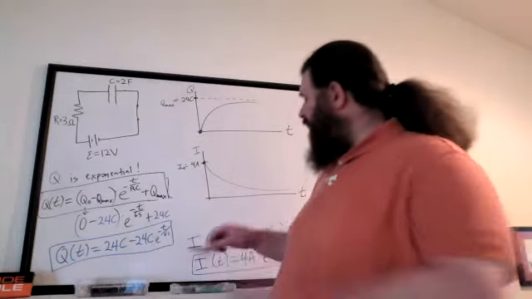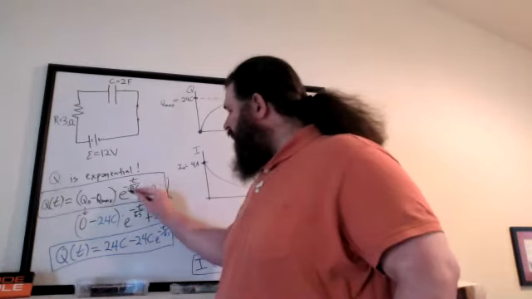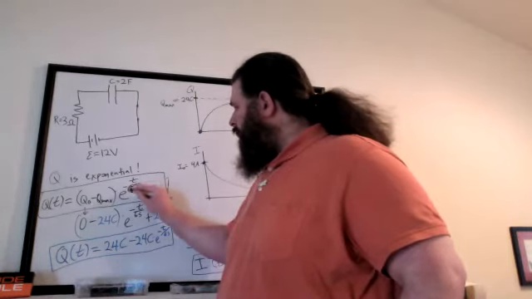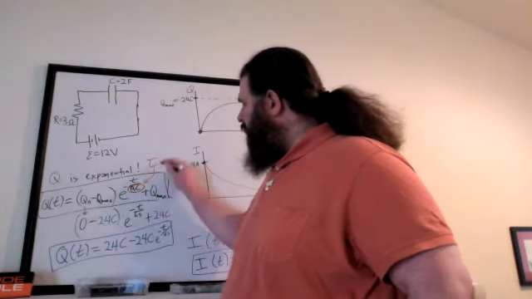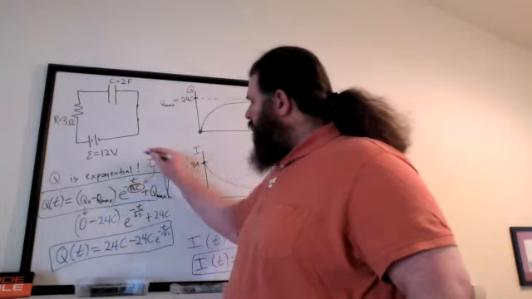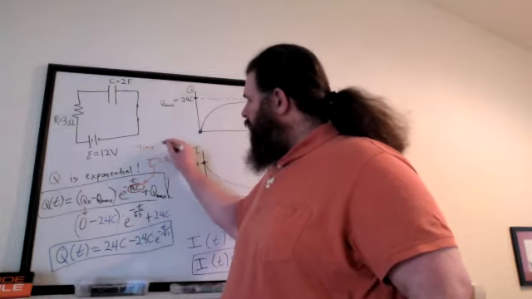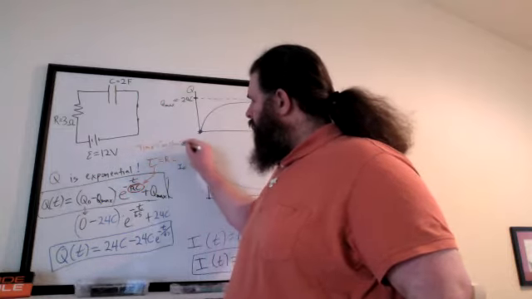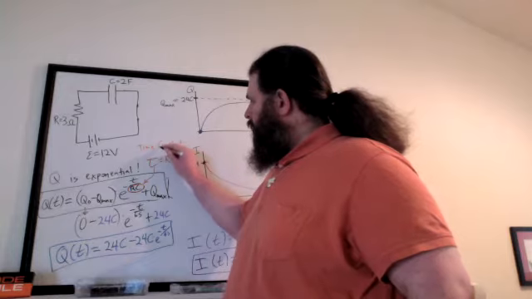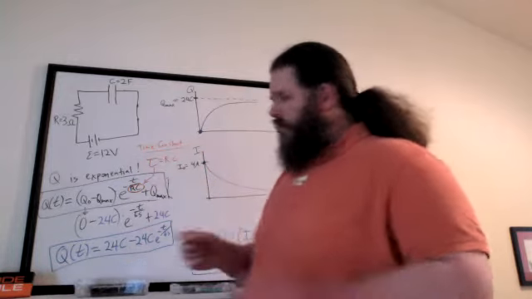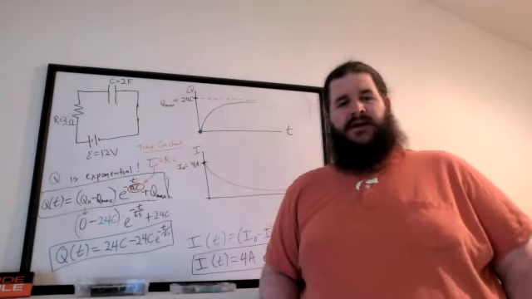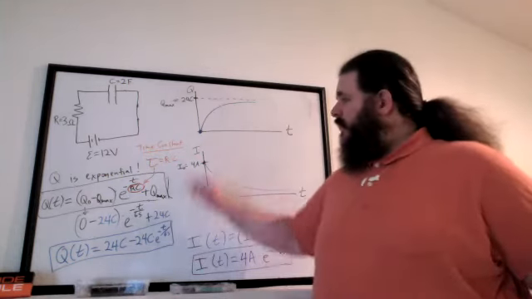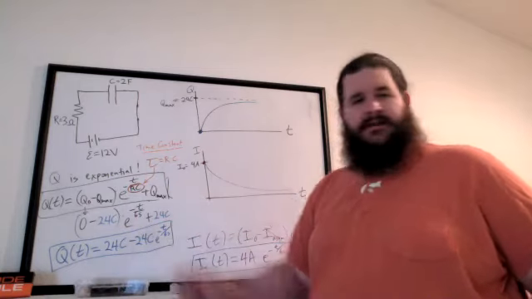The time constant here is RC, usually written as tau. So in any circuit where you've got one resistor and one capacitor and optionally a battery, the time constant is always going to be R times C.